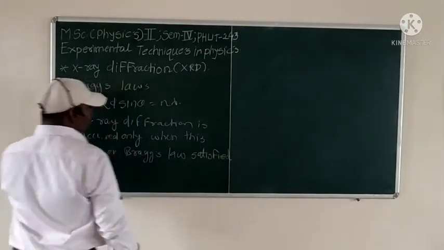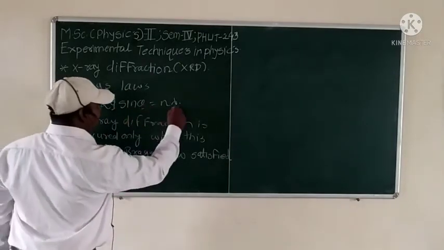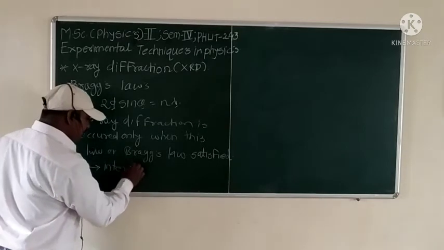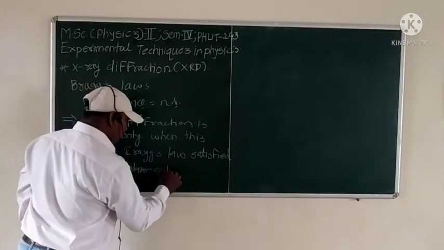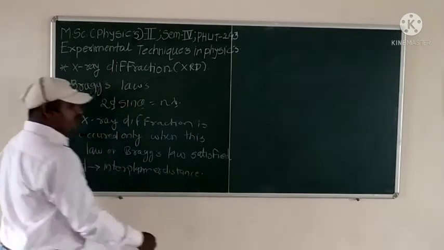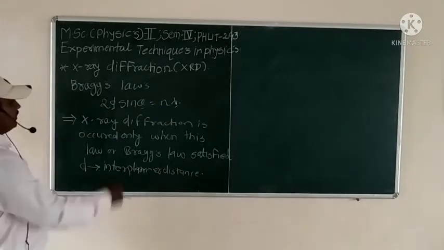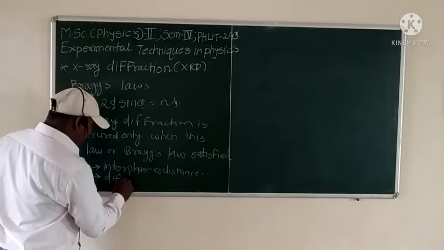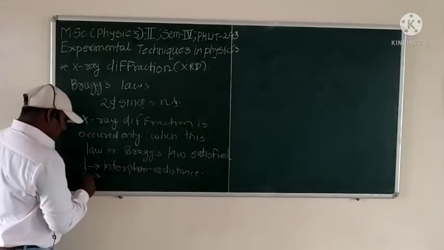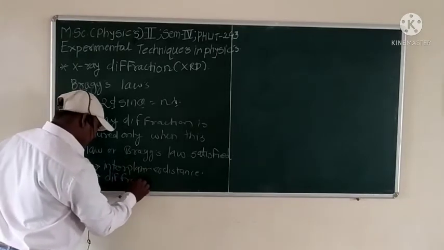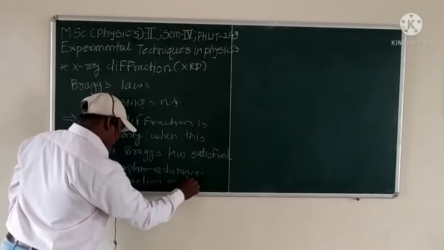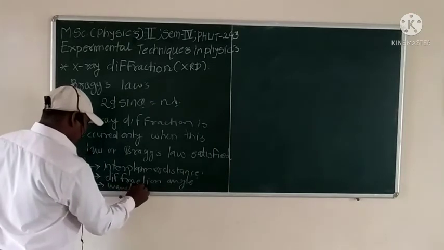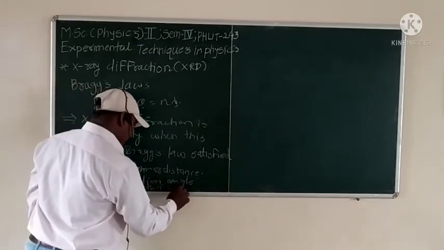What does that mean? That means the Bragg's law includes d, theta and lambda. d represents the interplanar distance, which is between two crystal planes, and theta is the diffraction angle, and lambda, we all know, is the wavelength of the X-ray.